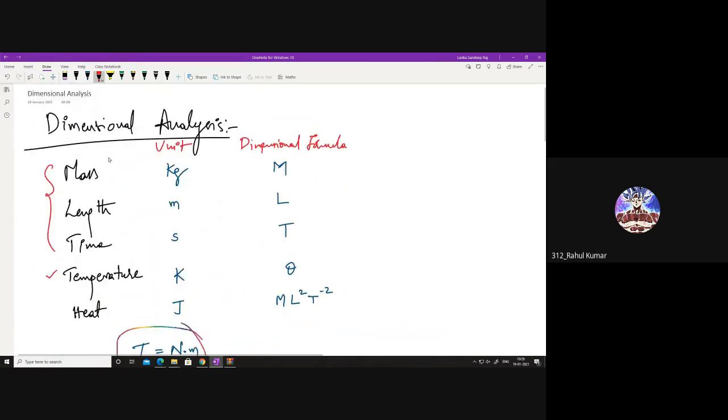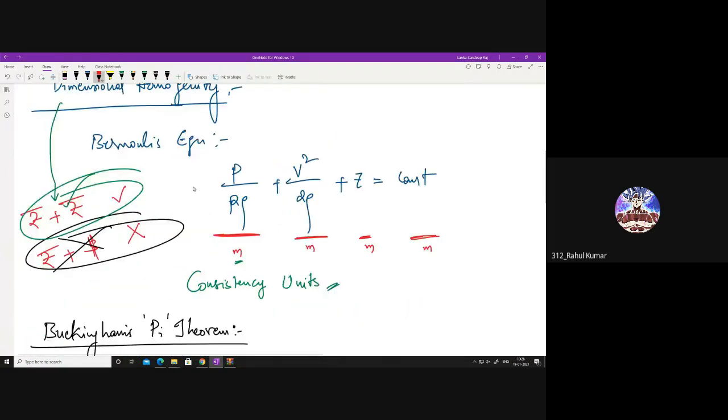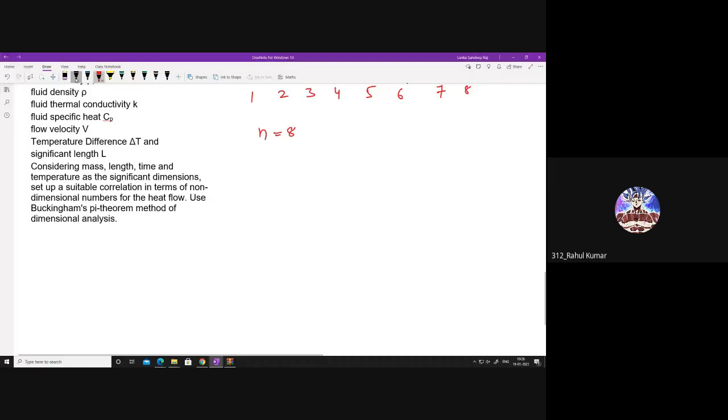Here the primary dimensions in this particular problem can be taken as M, L, T, theta, and H1, the dimension for Q, that is capital H, we have shown here.